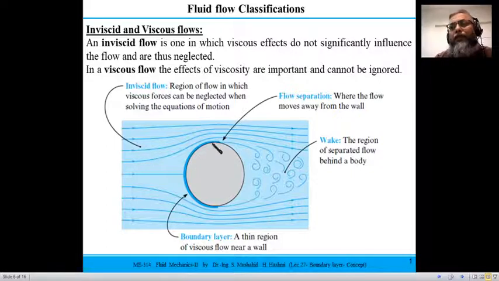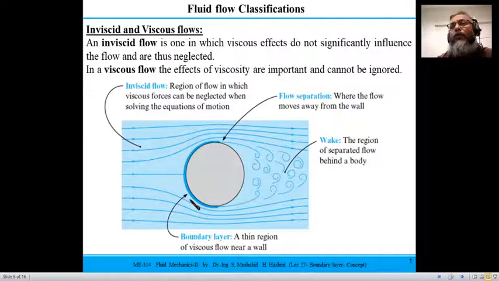At theta equal to 90, we know the velocity is maximum. There is a thin layer at the boundary of that cylinder that forms a boundary layer, and it is due to the viscous effects which are dominant very close to the boundary.